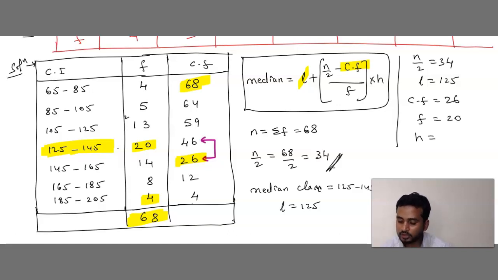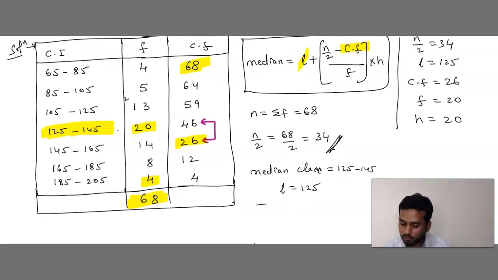And H is the size of the class interval, 85 minus 65 is 20. It is also 20. Now what we have to do is substitute into the formula.